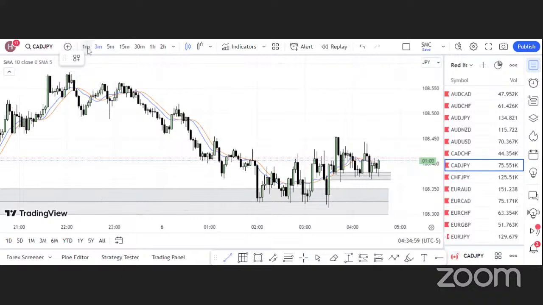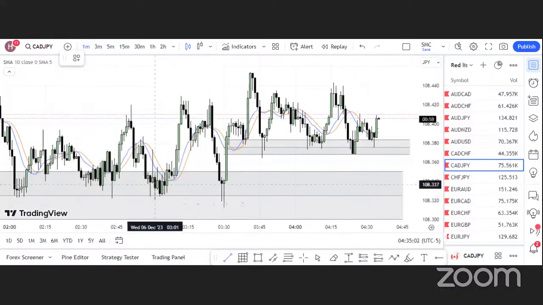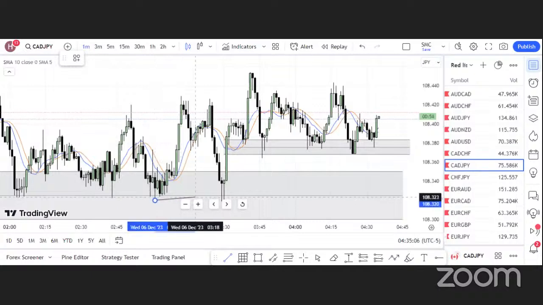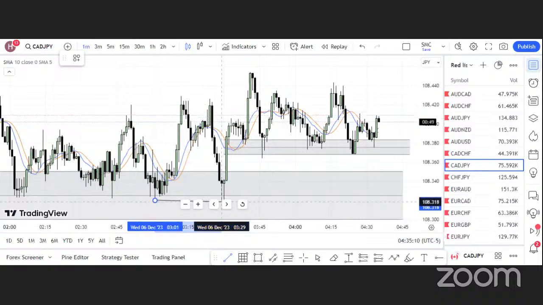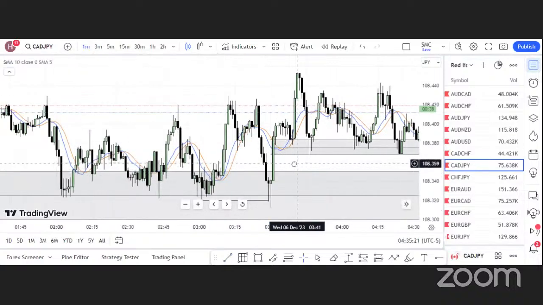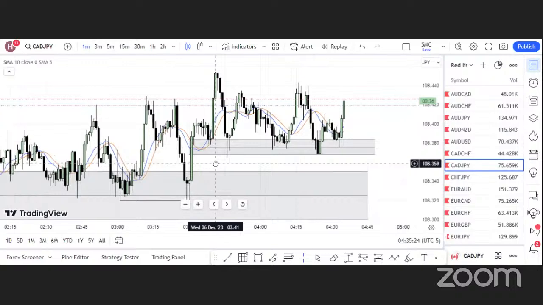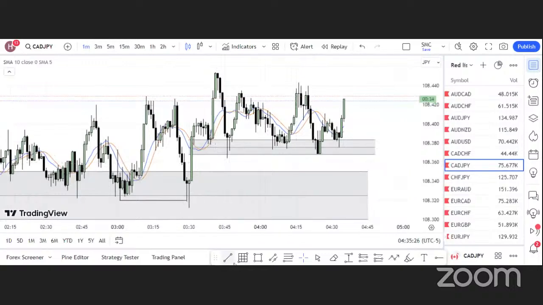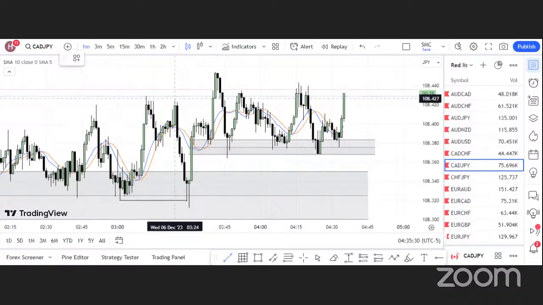If we go to the 1 minute time frame right now, you'd see that we had this movement. Oh boy. The market just started moving right in the middle of my analysis.